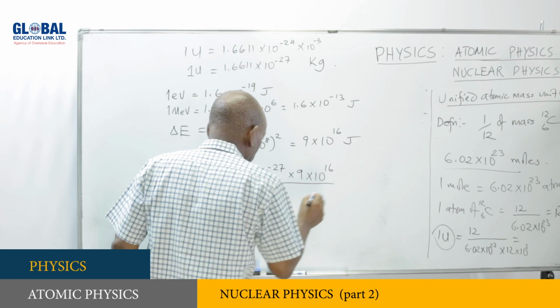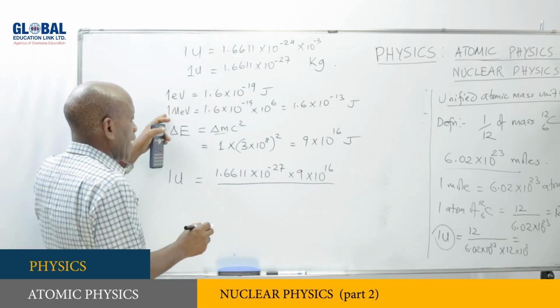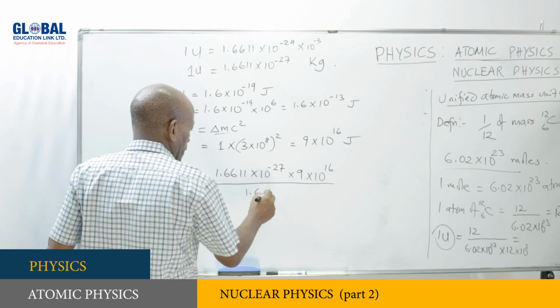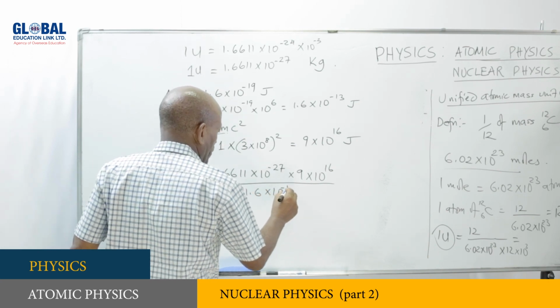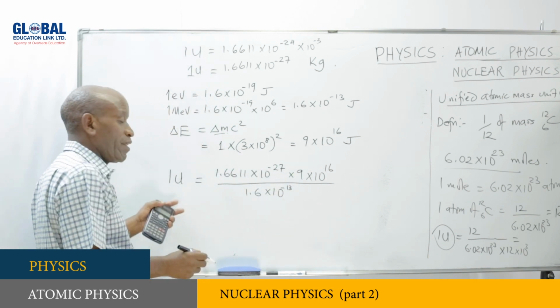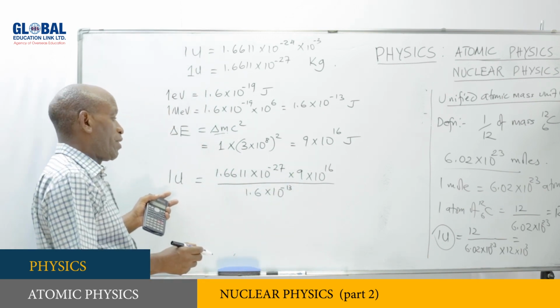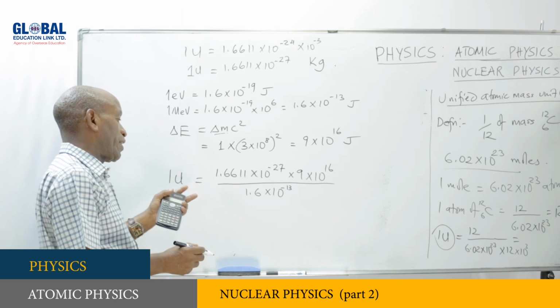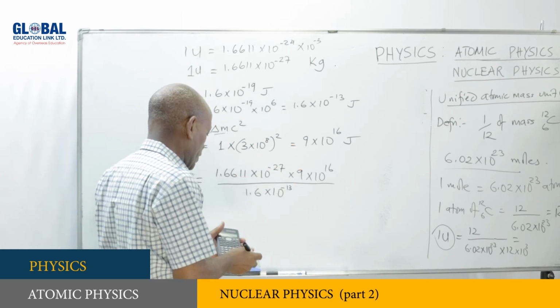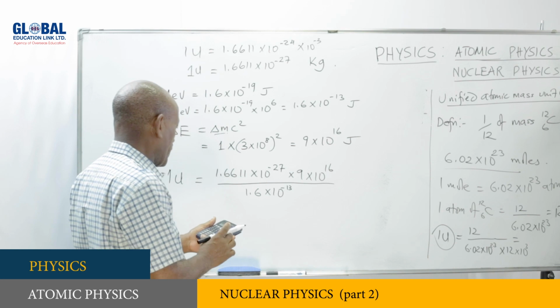We divide this by 1 mega electron volt, which is 1.6 times 10 power negative 13 joules. The whole of this gives an expression of 1 U equal to a certain number of mega electron volts, and we can compute this.